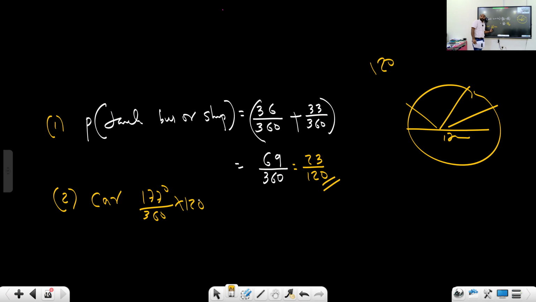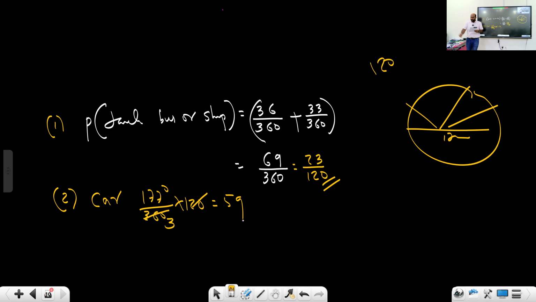They are asking number of people, and here they asked about probability. Please solve it. 120 and 360 you can cancel. 59 is getting. This and this you can cancel 3. 59 people. 59 persons used car. Favorite one is car. 59 used.